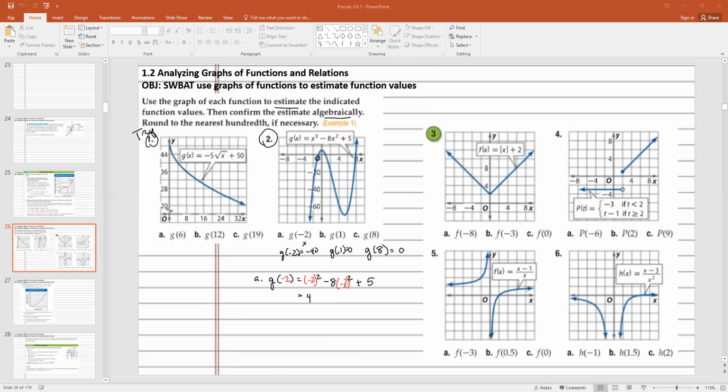And remember PEMDAS: you want to do the exponents first and then multiplication. So we have -8 times 4 plus 5. Because of PEMDAS, you do multiplication before adding and subtracting. So you get 4 minus 32 plus 5. That's going to give us -23.